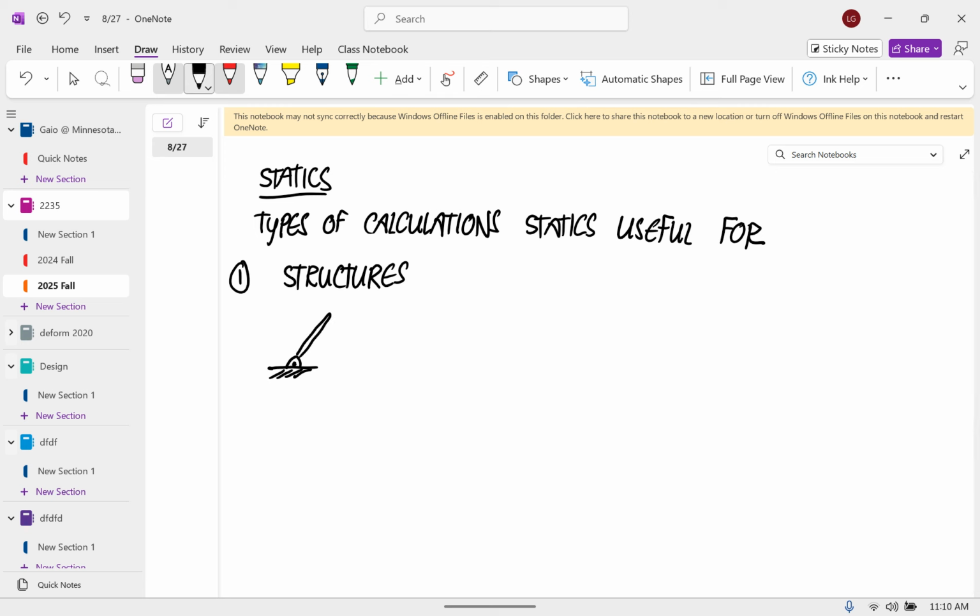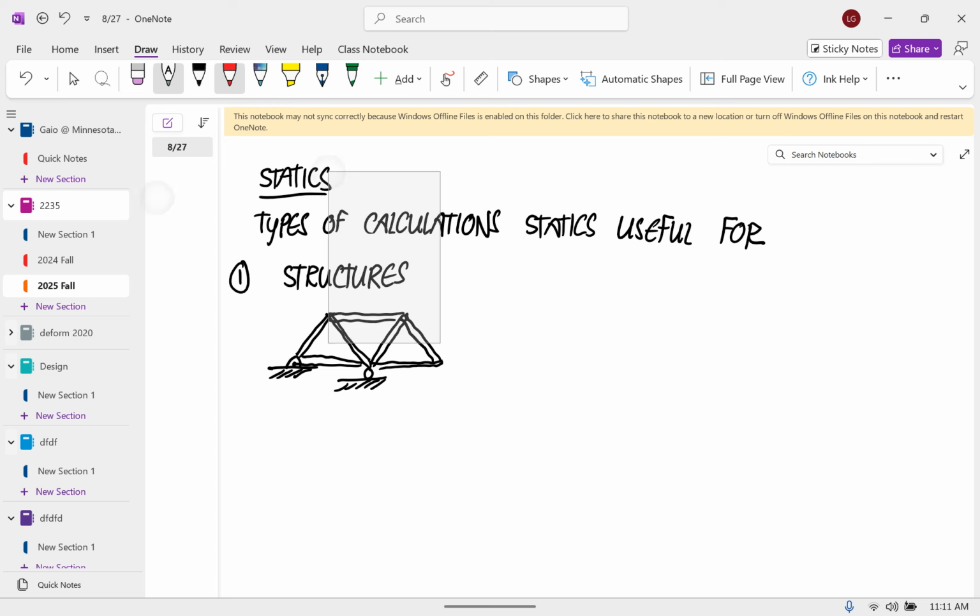something like this, where these different pieces are held together by joints.